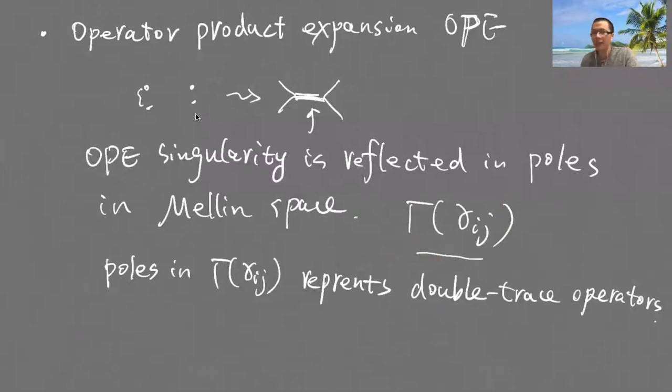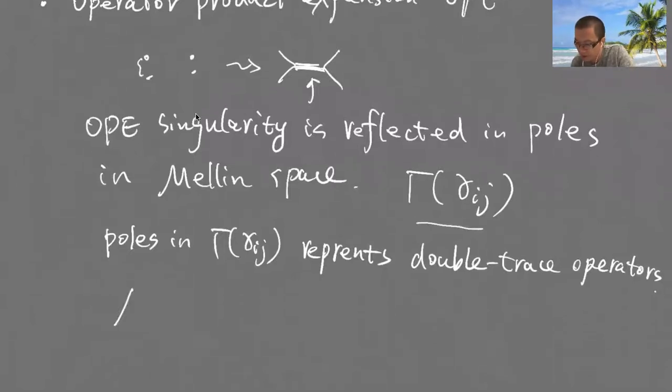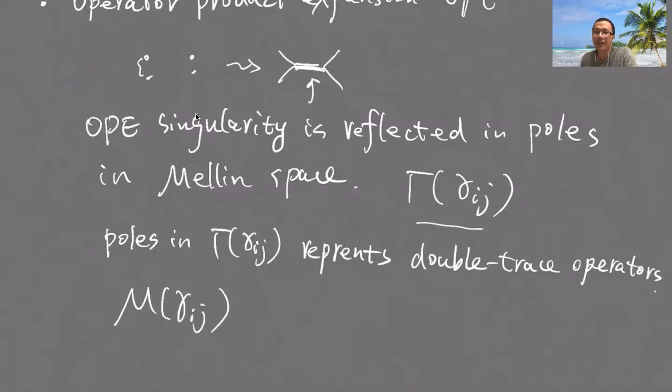Here in Mellin space, that information is contained in the gamma function, and what's left over, the Mellin amplitude, only contains more dynamic information, namely the poles in the Mellin amplitude represent so-called single trace operators.